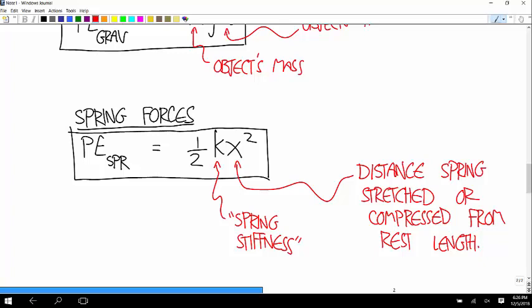It'll be given, but you can calculate it. The way you calculate it is, you can do it just with the weight. Measure the spring as it sits there on the table, okay? Then hang it from the ceiling and hang something with a known mass at the end, and it'll stretch out some amount.